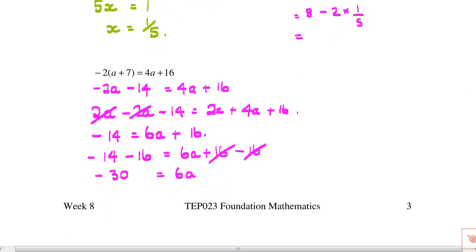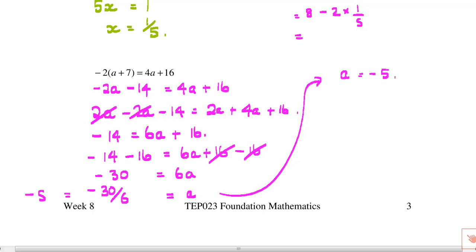And now we remember solving for a, so that means we need to divide both sides by 6. So we're going to have on the left hand side just a, -30 over 6. Our answer is -5. So a is equal to -5.